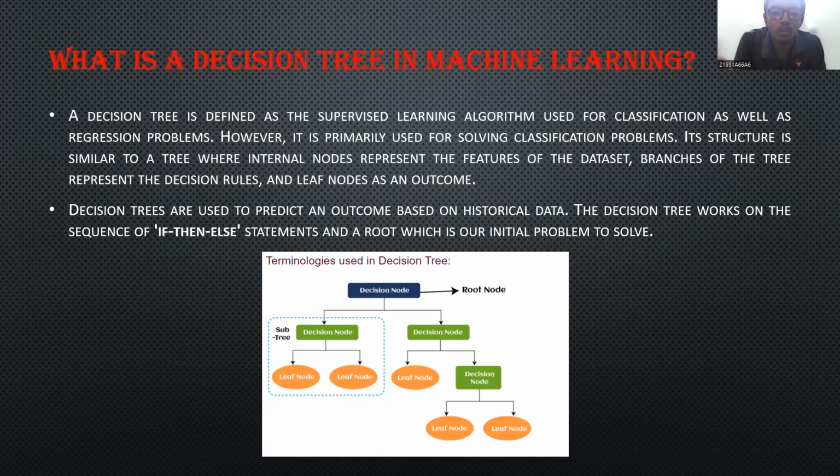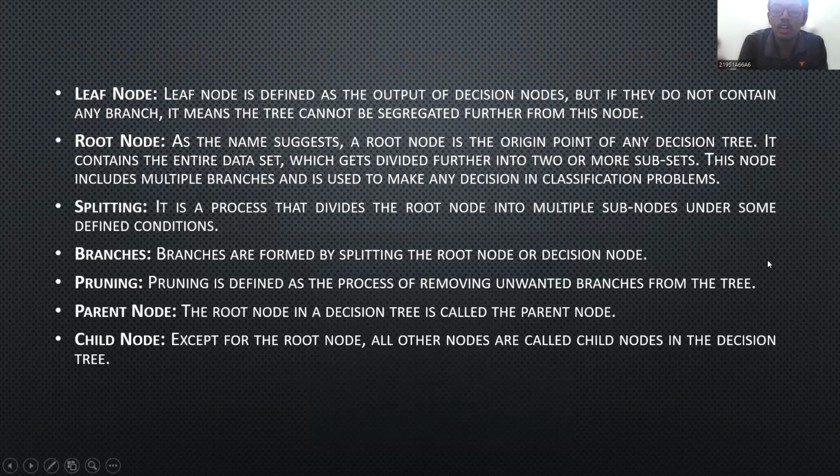Root node, decision node, leaf node, decision node, and decision node to leaf node. A leaf node is defined as the output of decision nodes; if they do not contain any branch, it means the tree does not extend further from this node.